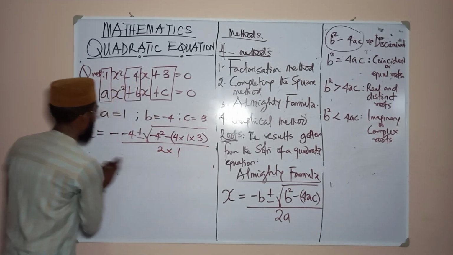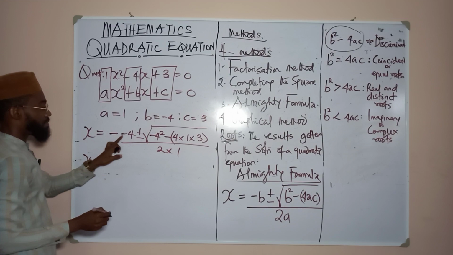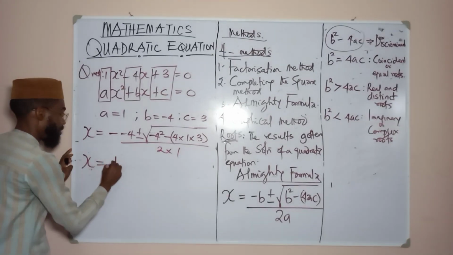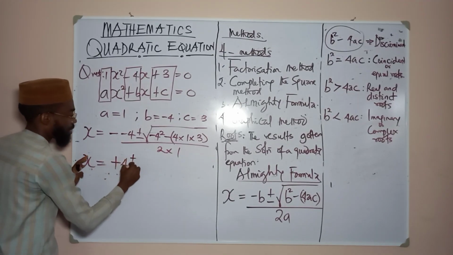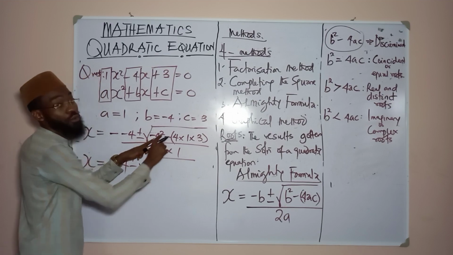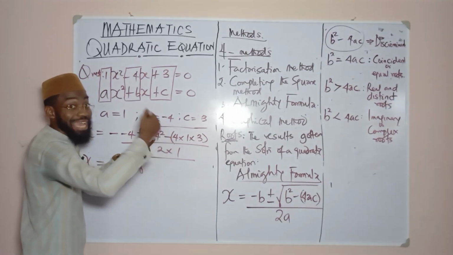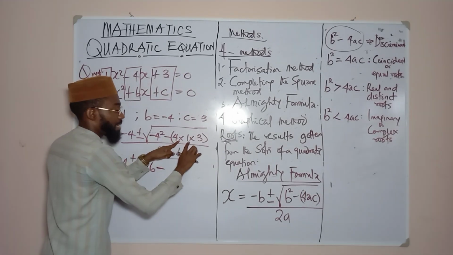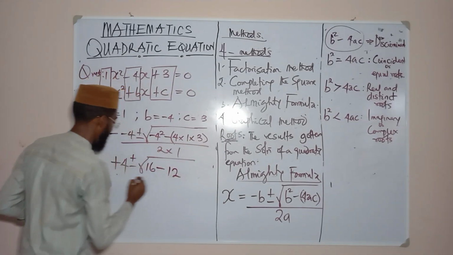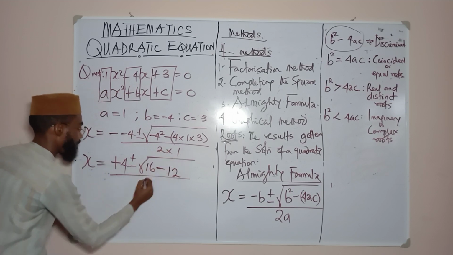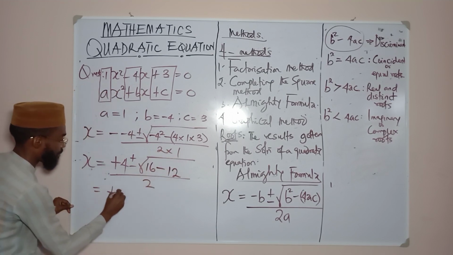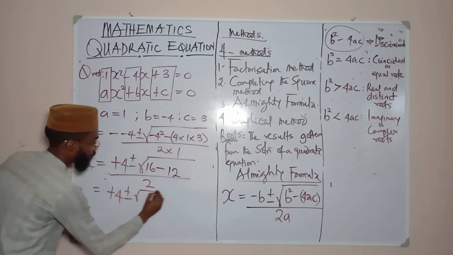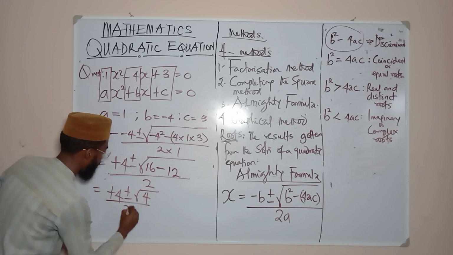Let's run along. So my x is equal to, when minus meets minus, it turns to plus 4, plus or minus square root of minus 4 squared, which is minus 4 times minus 4, giving 16, minus 4 times 1 times 3, which gives 12, all over 2 times 1 is 2. So we're going to have plus 4 plus or minus square root of 4 all over 2.